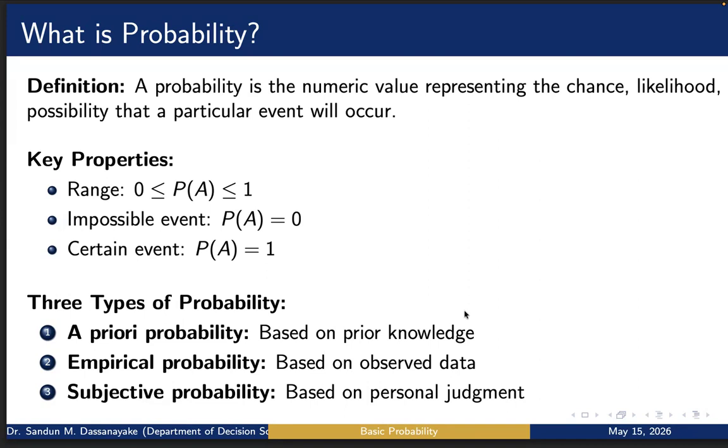The property of a probability is that it's always positive, and impossible events will be 0, certain events will be 1. When you are going for survey questionnaires, when you are getting data, sometimes you get 0 responses for a particular thing, which means it might not actually exist in the sample frame.